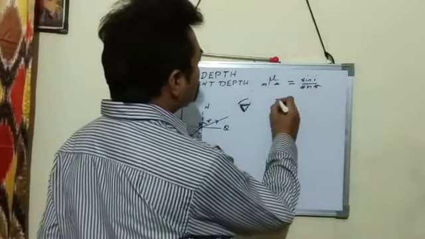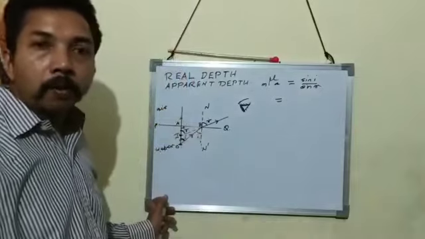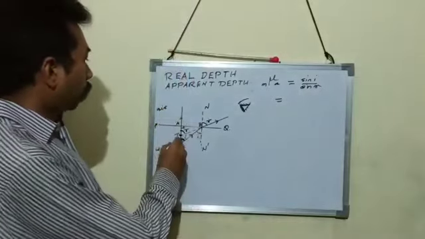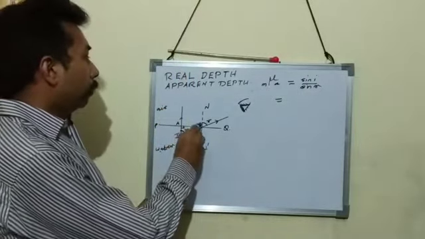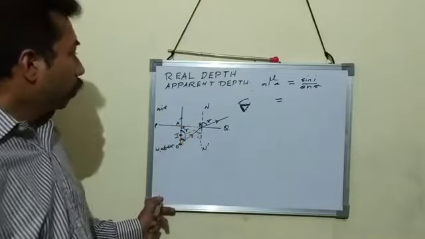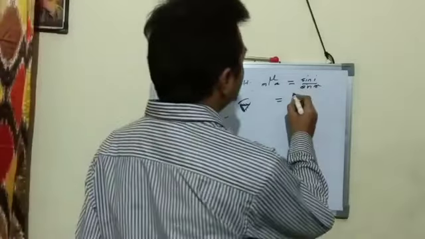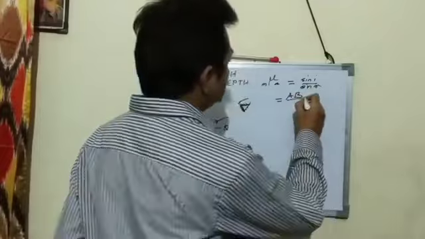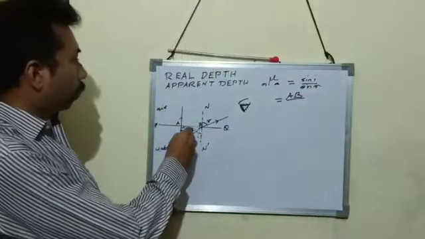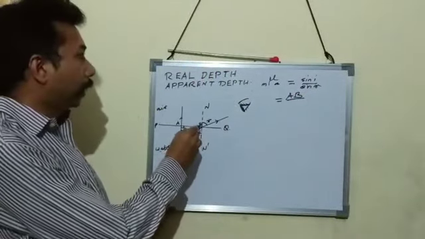Sin i is equal to, how to find sin? Perpendicular upon hypotenuse. For this angle, AB is the perpendicular, AB divided by hypotenuse. What is a hypotenuse? Side opposite to 90-degree angle.